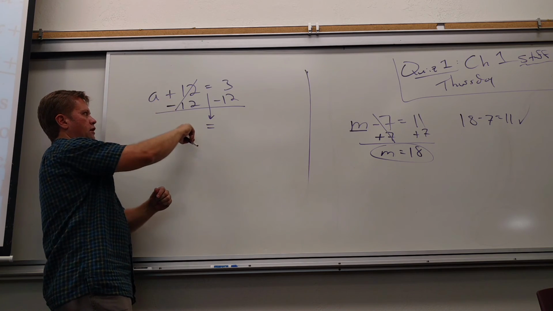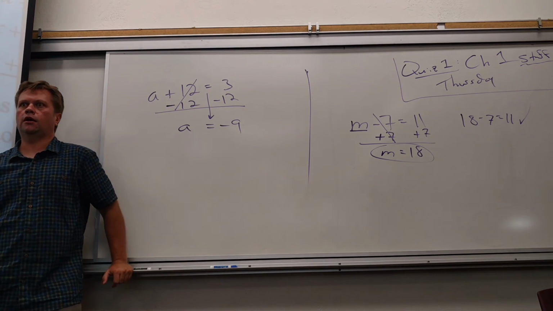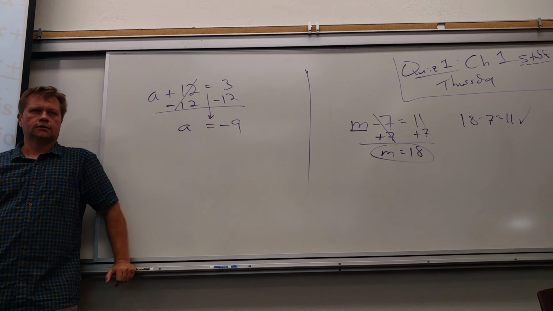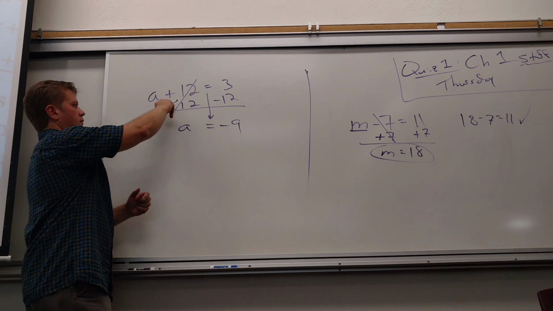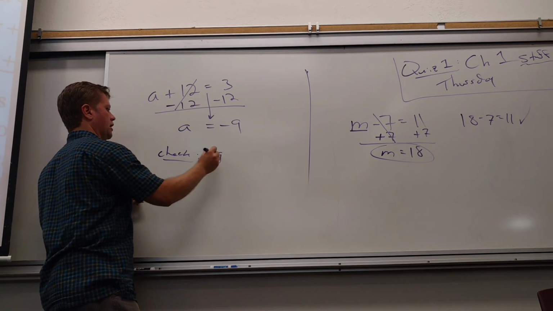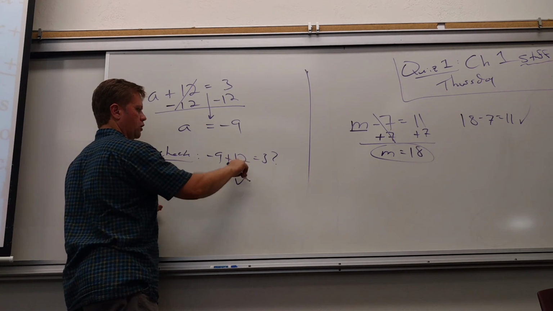A's left alive equals negative 9. We still have to be careful about negatives and all that stuff. And if I want to check it, plug negative 9 in: is negative 9 plus 12 3? Yes, 12 minus 9 is 3.